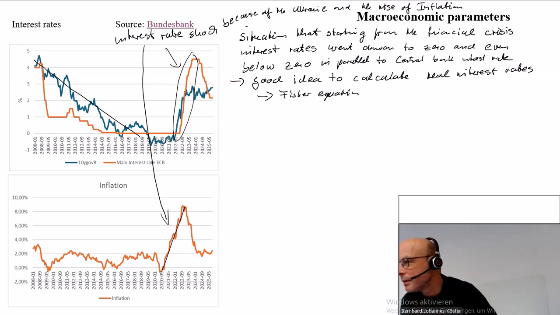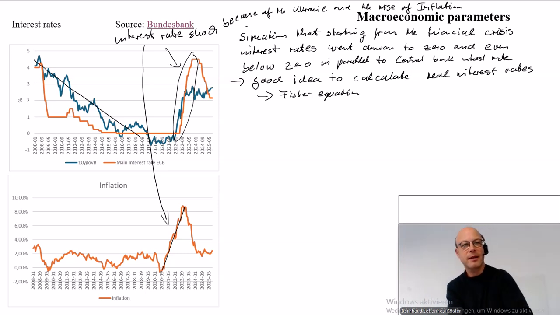And remember that, so to speak, we have to depreciate nominal interest rates via the price effect. Because think of, you buy government bonds with an interest rate of 4%, but in the same period, prices are increasing by 5%.